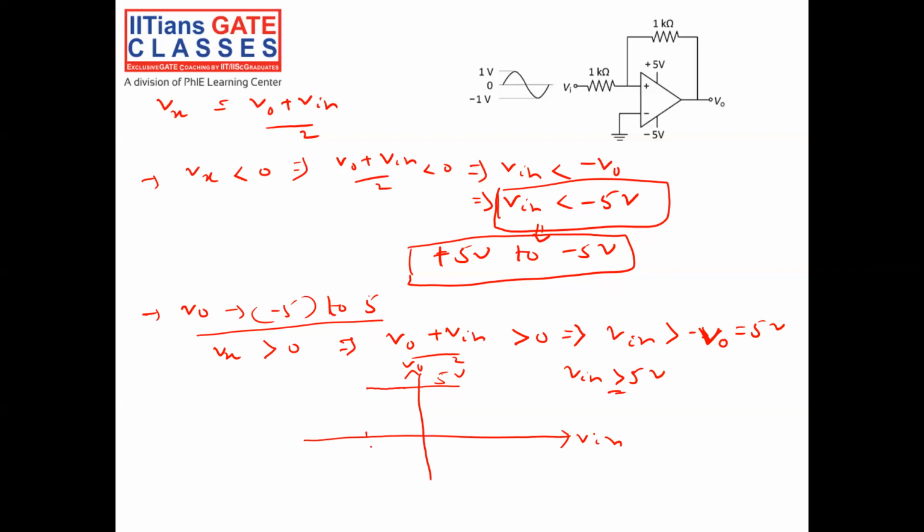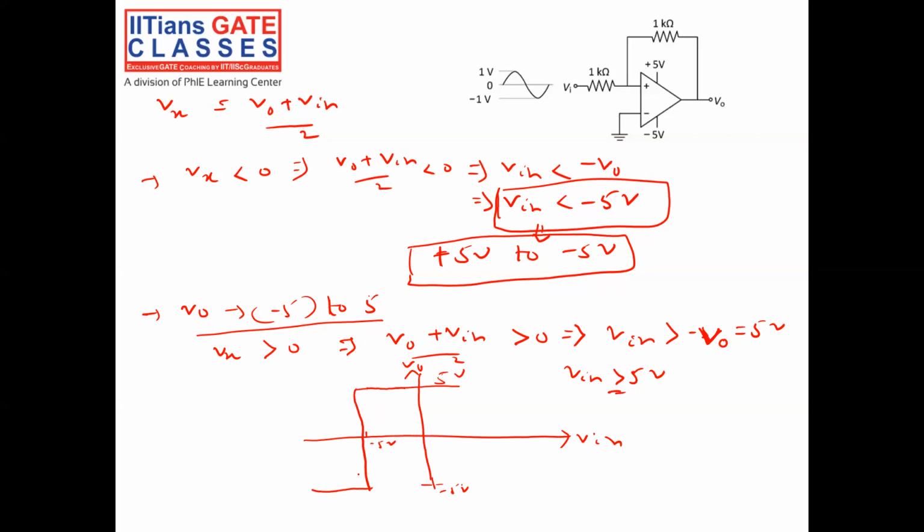Then my output will change from +5 to -5, and it will stay at -5.